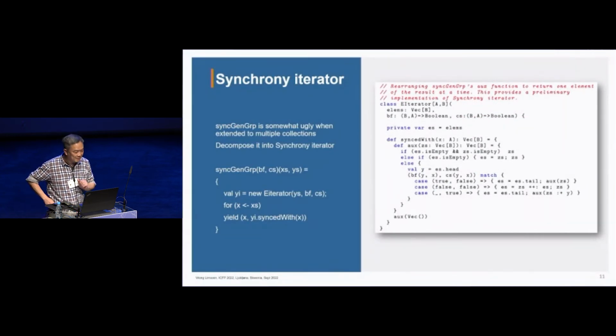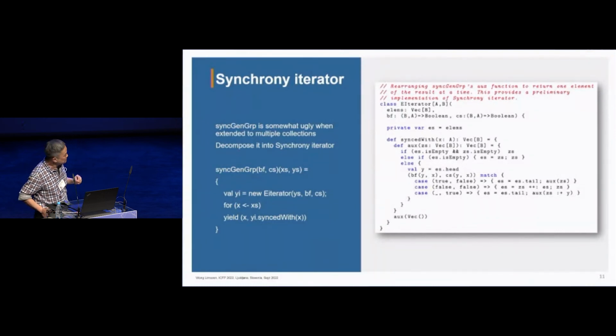So this is the next part of the paper, because this Synchrony generator is very convenient if you are joining two relations. Now, if you want to join 3, 4, 5 relations, it's syntactically a bit ugly. I didn't quite like it, so I tried to work on how to modify it so that you can get back something as close to comprehension syntax as possible.